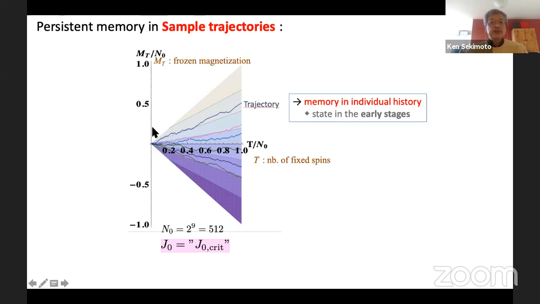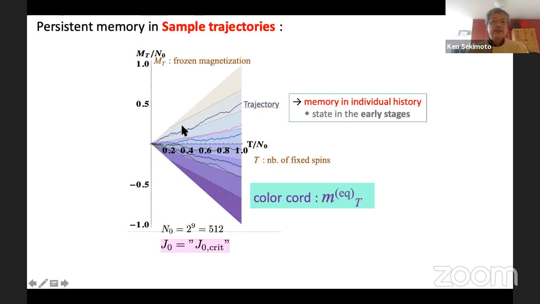Each trajectory starts somehow more or less randomly, but once they accumulate the frozen spins, their trajectory is more ballistic, showing that the memory is kept in the individual history. And that carries the memory of the state in the early stages.